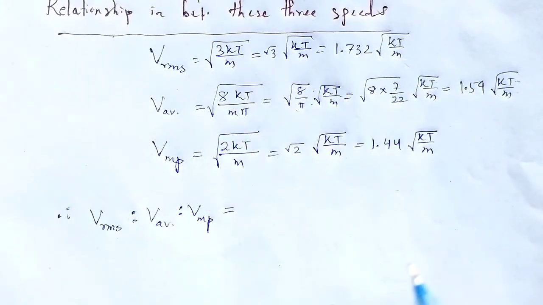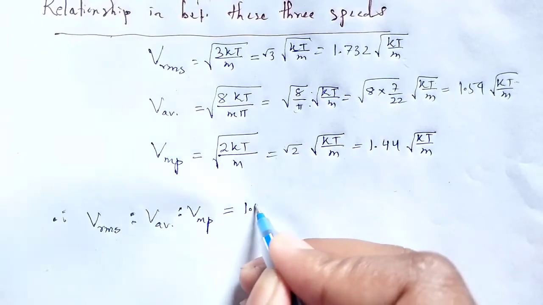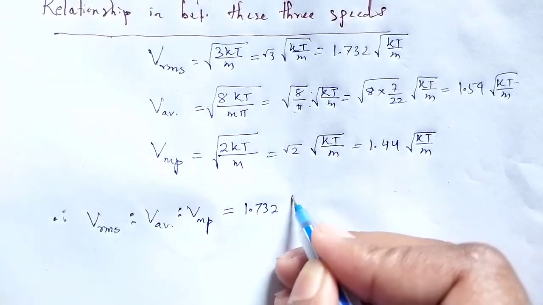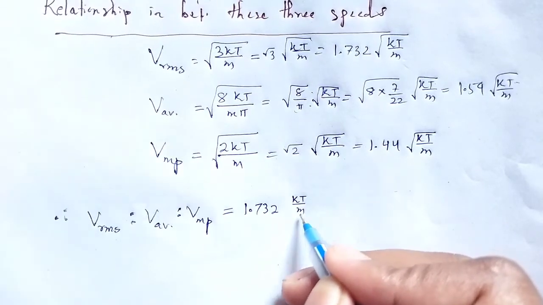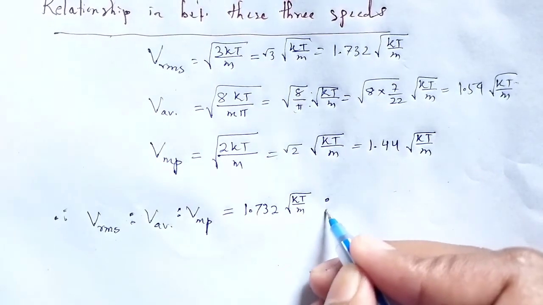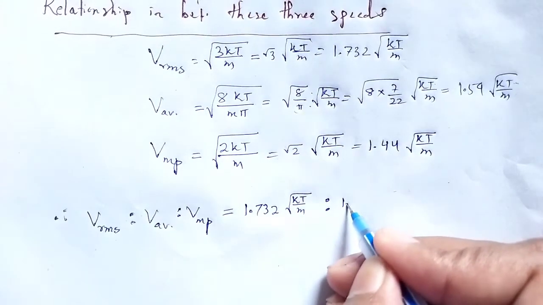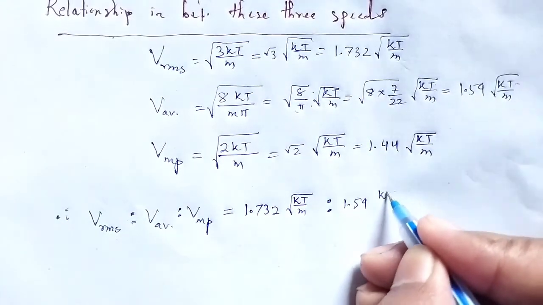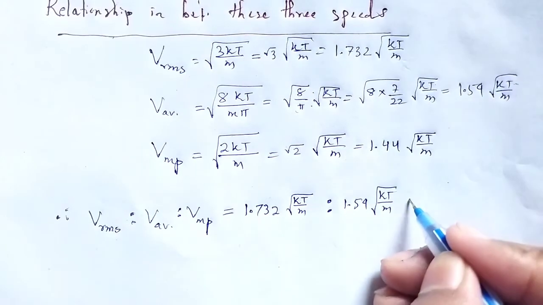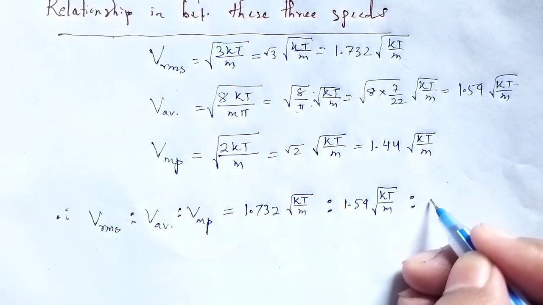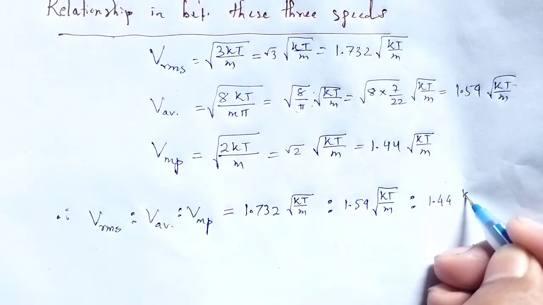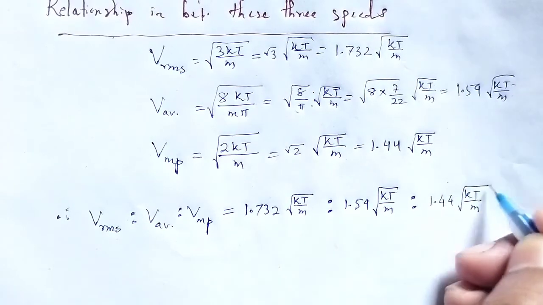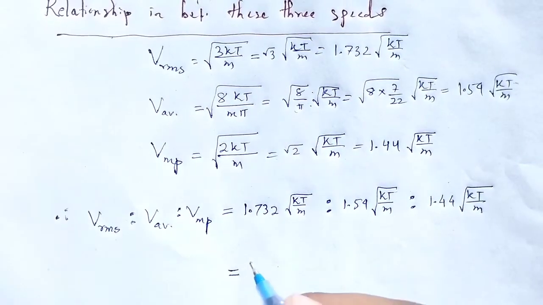The ratio of these three is 1.732 under root kT by m is to 1.59 under root kT by m is to 1.44 under root kT by m.